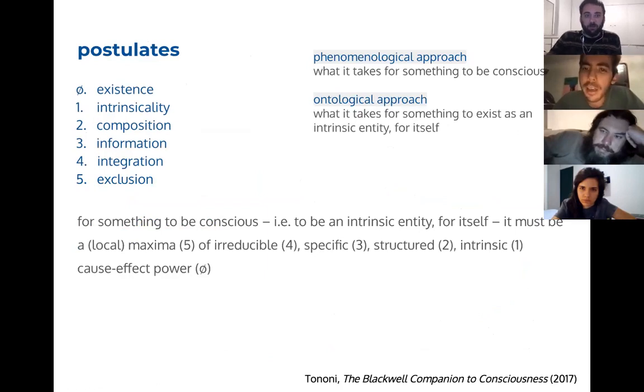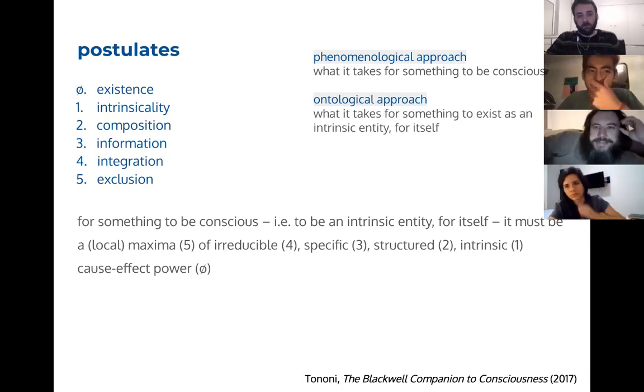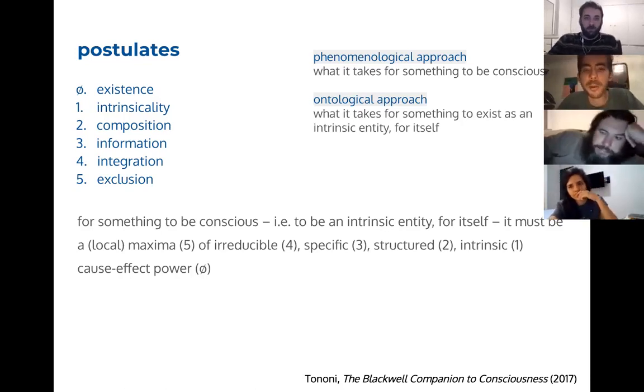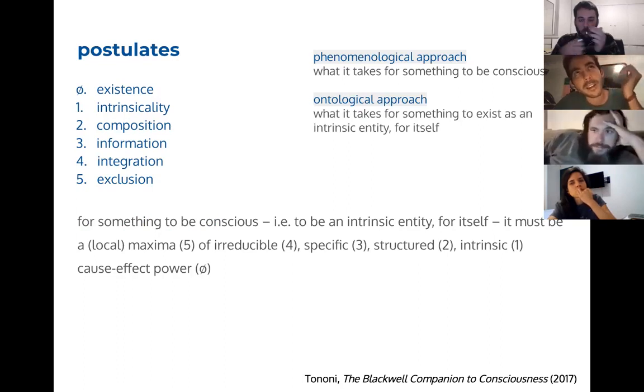Yeah, it's interesting. Julio actually writes that there are two approaches to think about postulates. There's a phenomenological approach, which asks what it takes for a physical system to be conscious. So given the axioms, these abstract general properties of experience, what physical properties would a system have to have in order to reobtain these same properties, and get back consciousness.